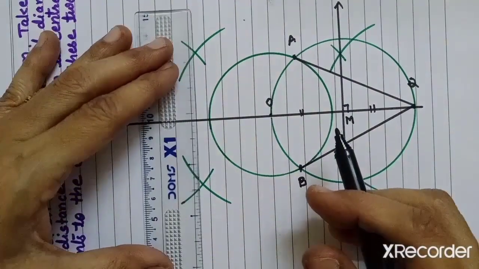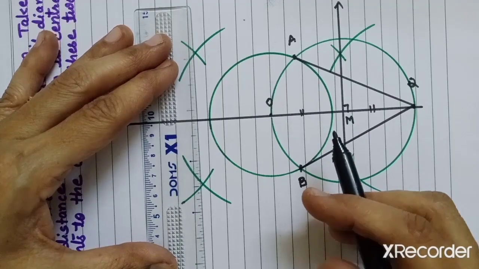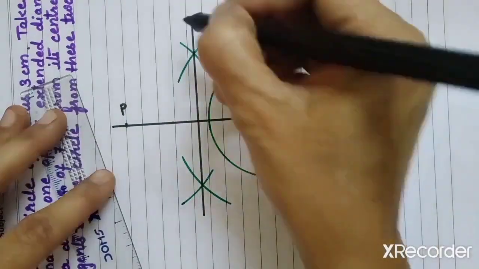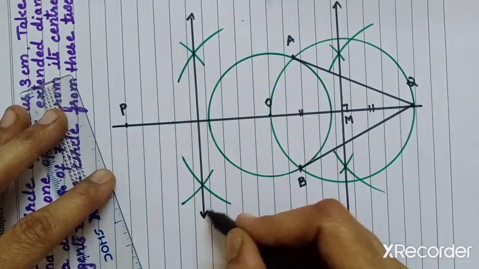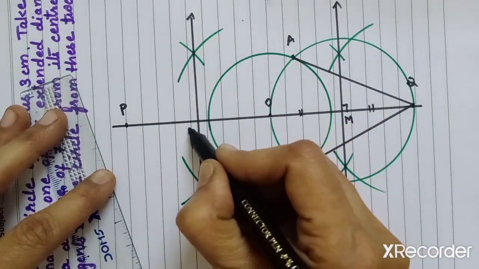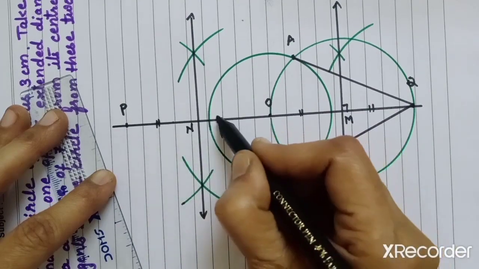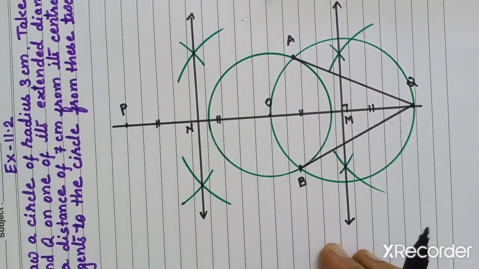Join these intersecting arcs. You will get a perpendicular bisector line. Okay, so this time, this is N. They both are 7 centimeters, so these distances are the same.